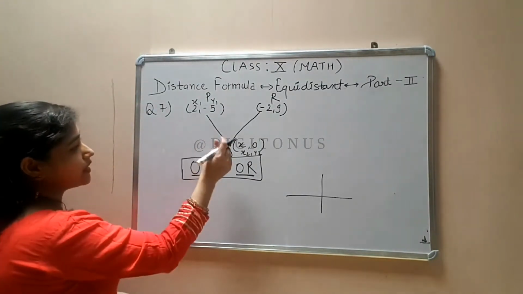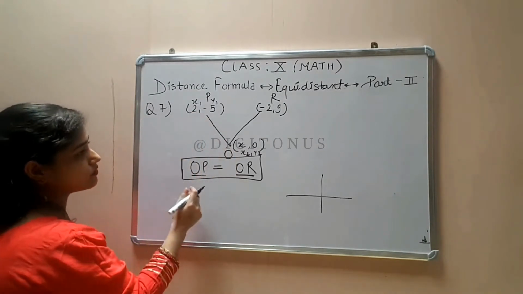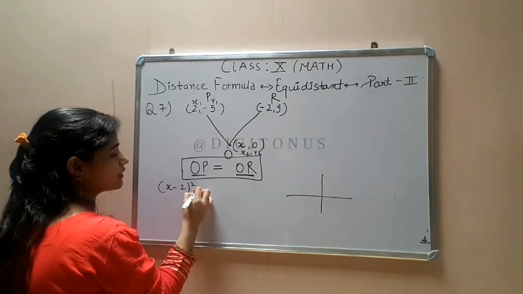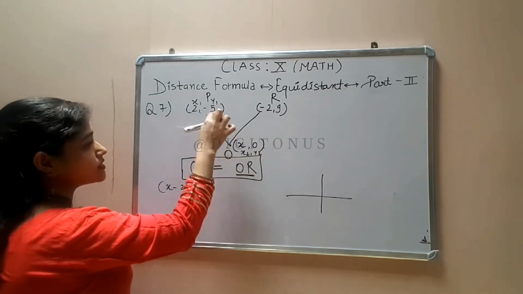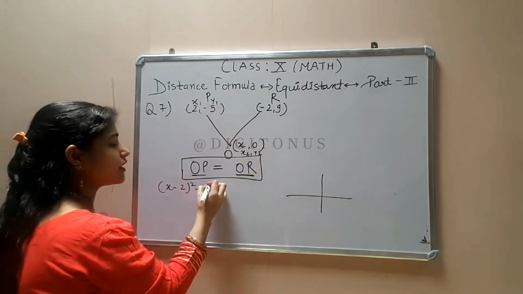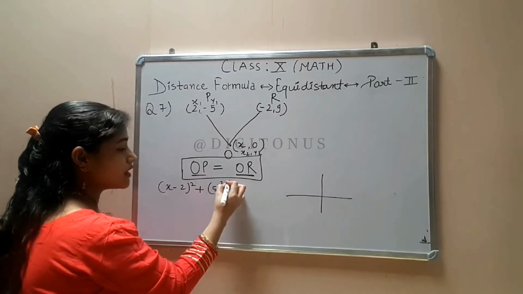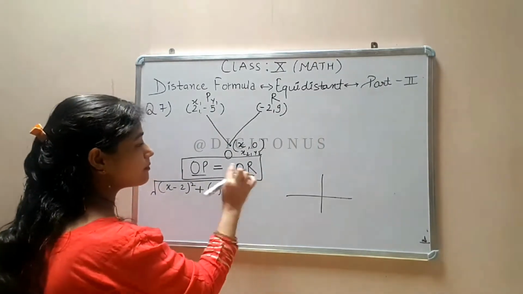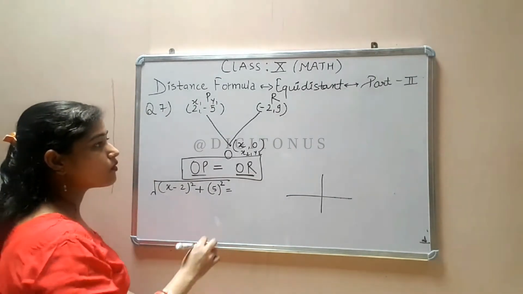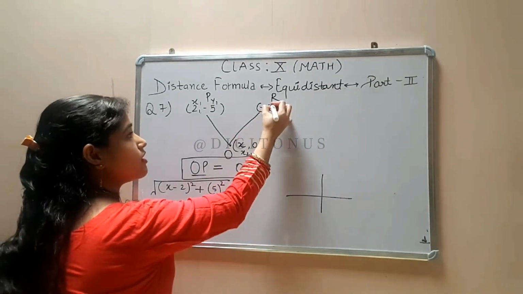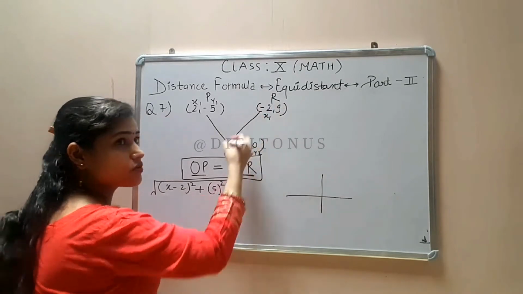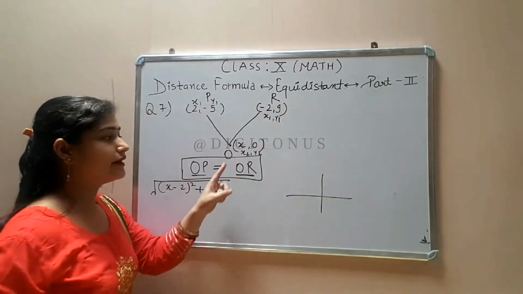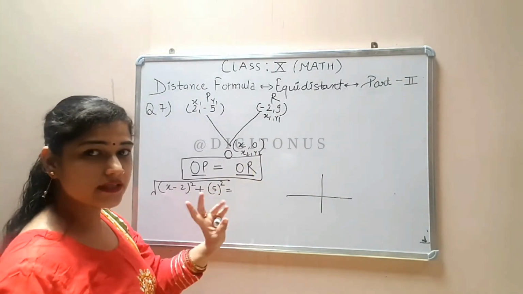Okay, so apply x2 minus x1, so (x minus 2) whole square, plus y2 minus y1, which means (0 minus minus 5), that is (0 plus 5) whole square, under root. Okay, now we will apply the distance formula in OR. So now in OR, the x1 y1 values will be these and the x2 y2 values will be these.